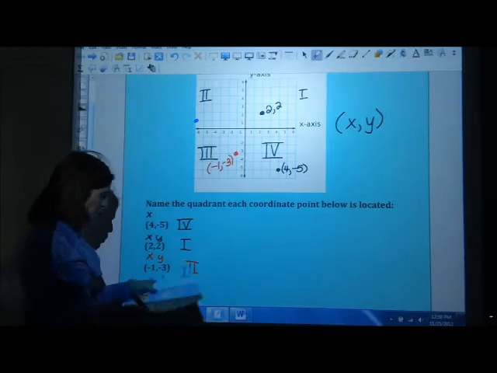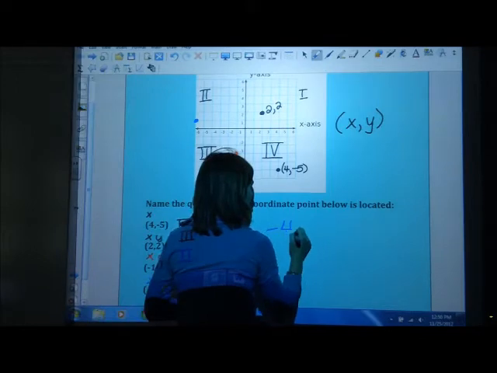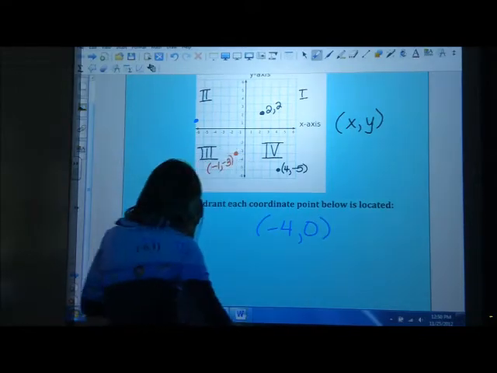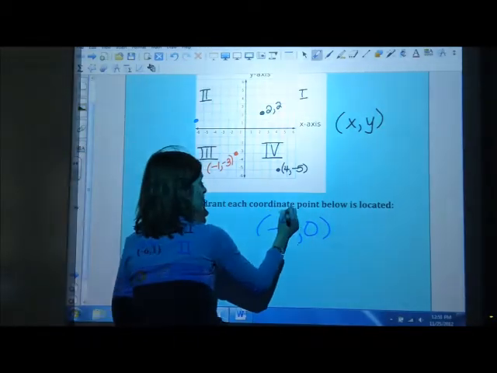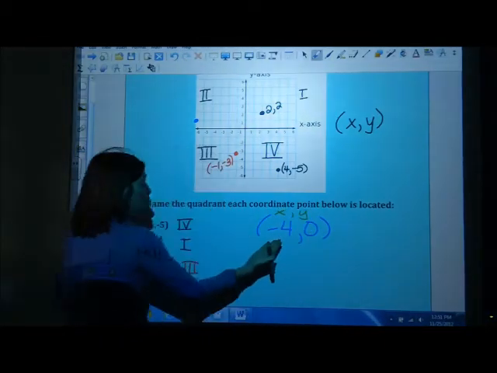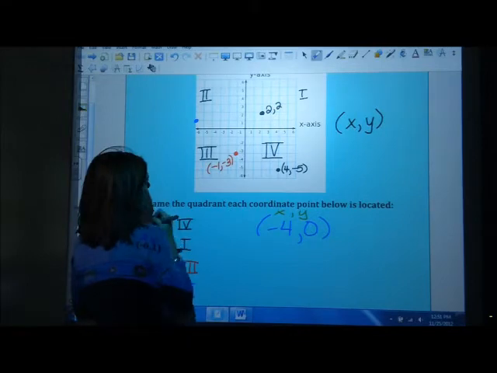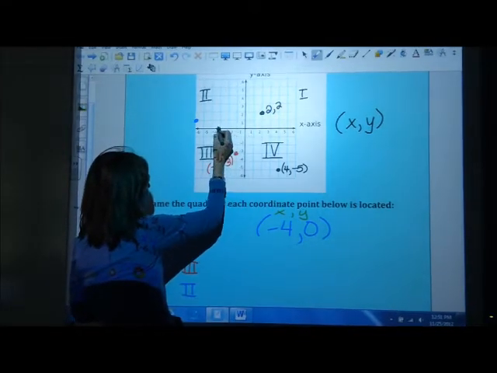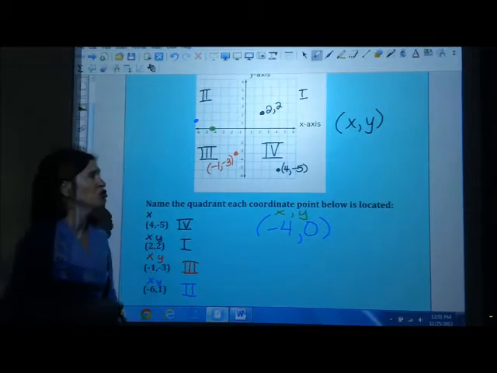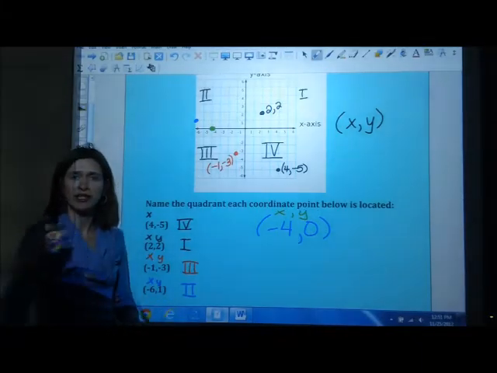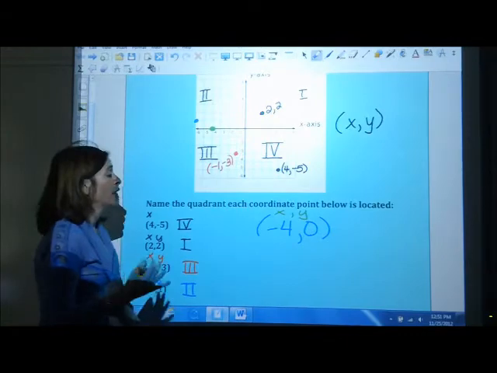Okay, the last one I want you guys to look at and consider is (-4, 0). Okay, so the x is negative because it's an xy coordinate, and the y is just 0. So I go to -4. So 1, 2, 3, 4. That's right on the axis. So do we say it's in 2 or do we say it's in 3? We actually don't say anything.